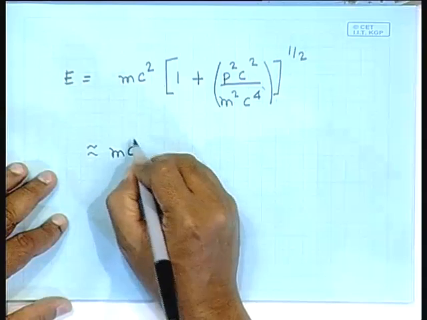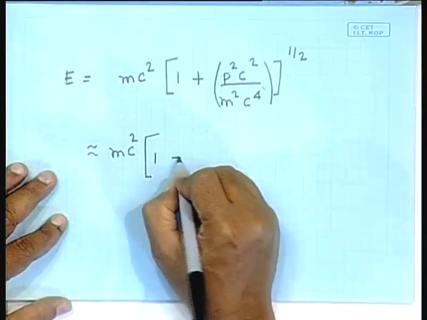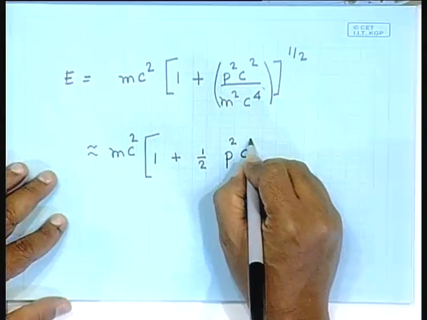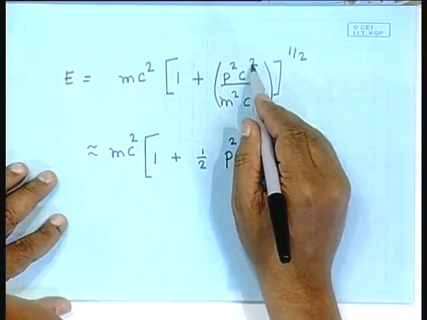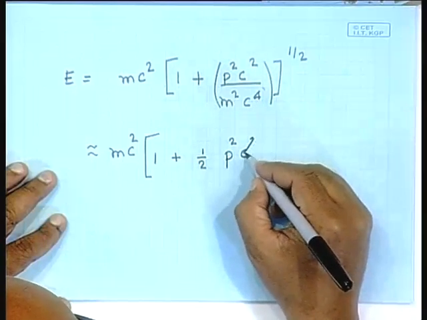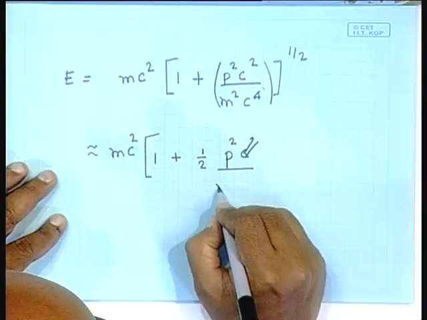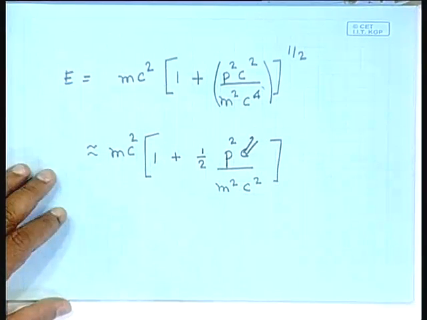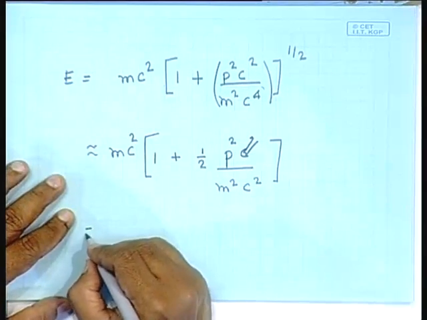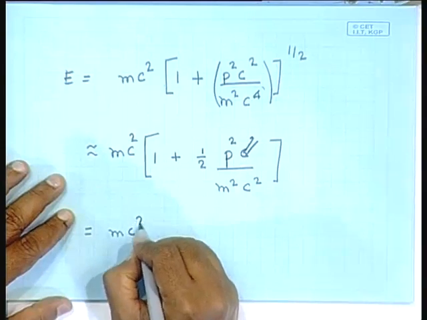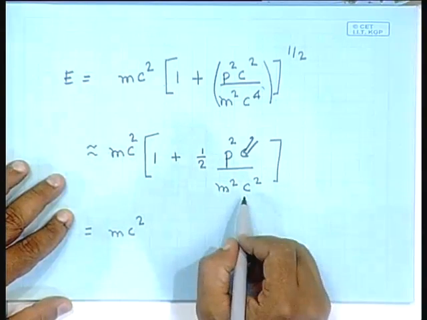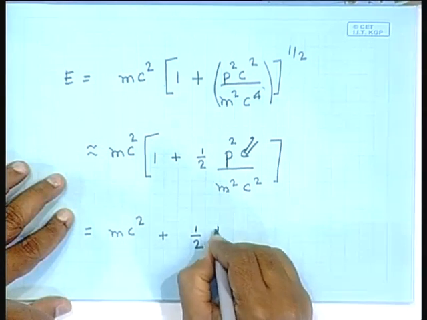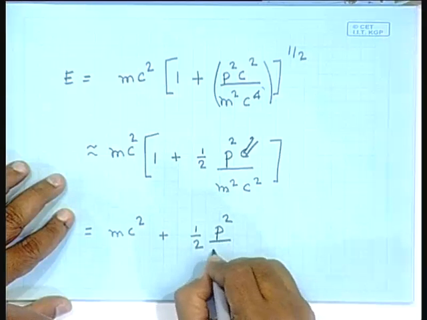What that gives you is mc² (1 + ½ p²/(m²c²)), which equals mc² + ½ p²/m, since one m cancels with the m outside and the factor of c² cancels.